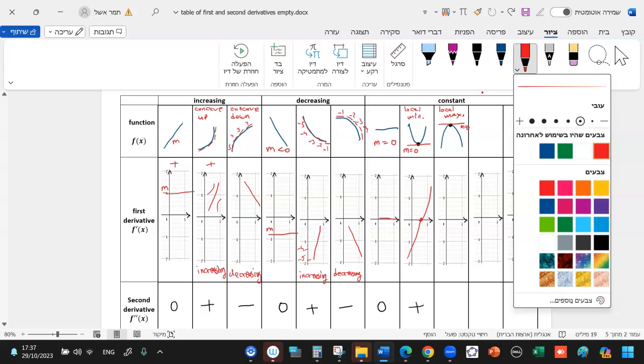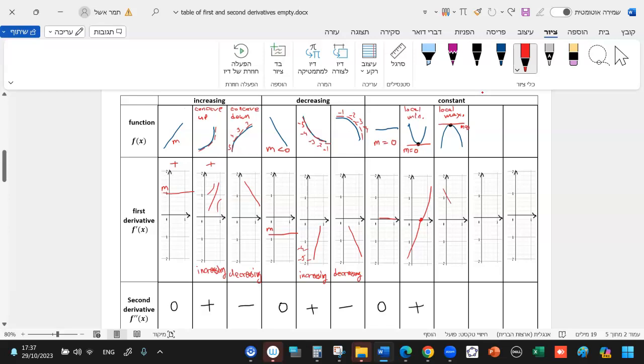It has positive values, but the gradient becomes less and less positive until 0 at the maximum point, and then the function starts decreasing and the gradient for the first derivative becomes negative.